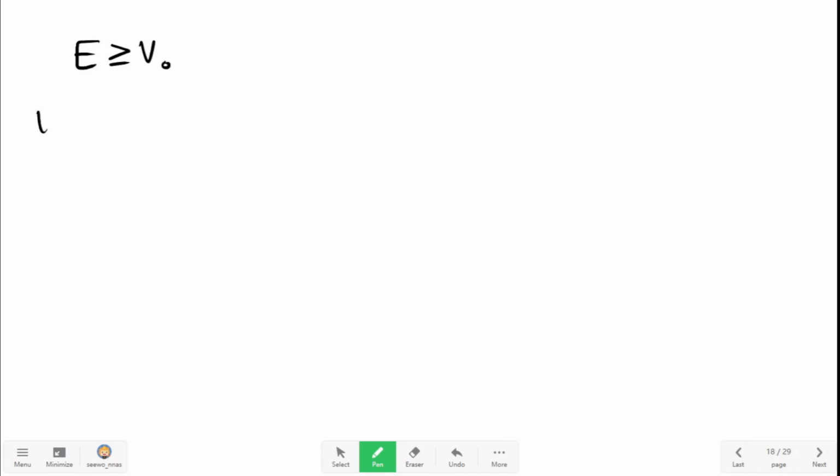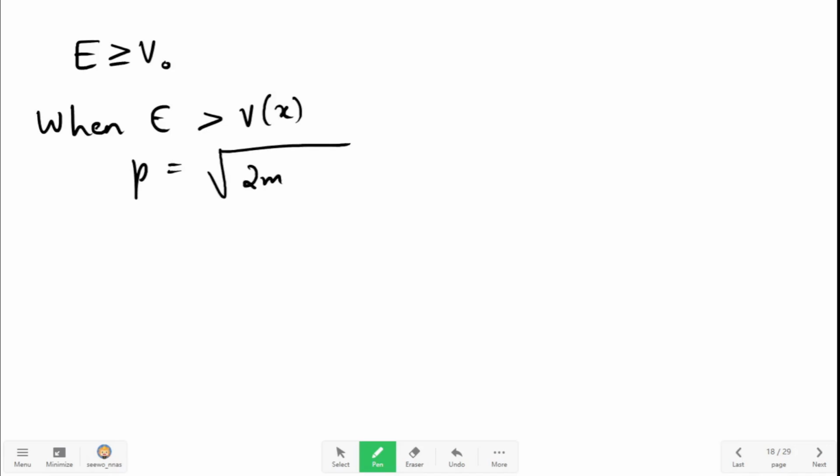Now when E is greater than V(x), we have momentum P equal to the root of 2m times kinetic energy, which is E minus V(x), total energy minus potential energy.